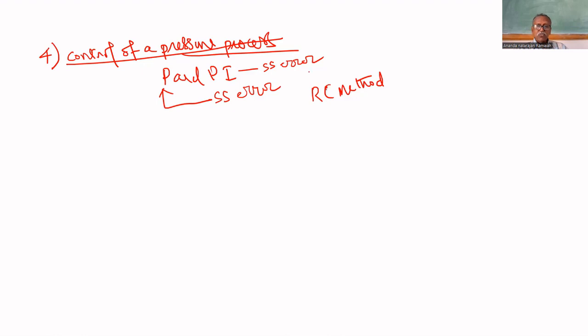The RC method can be used to find the tuning parameters, but we already studied the RC method in the level process. That's why you will be provided with tuning parameters for P and PI controllers. Tuning parameters will be given. That's why you have to do the bumpless transfer and control.